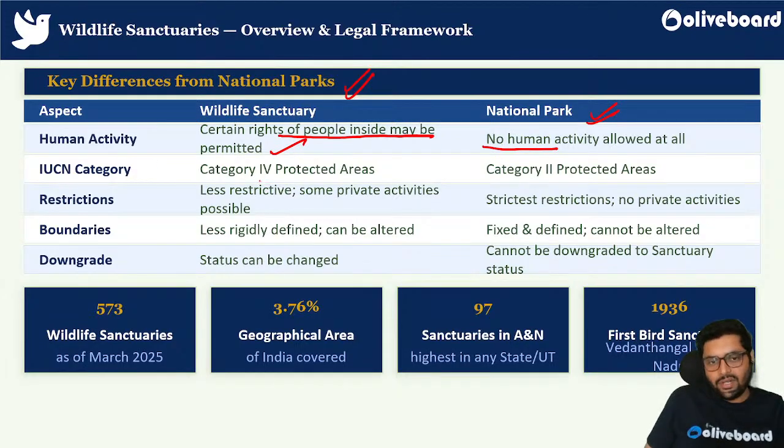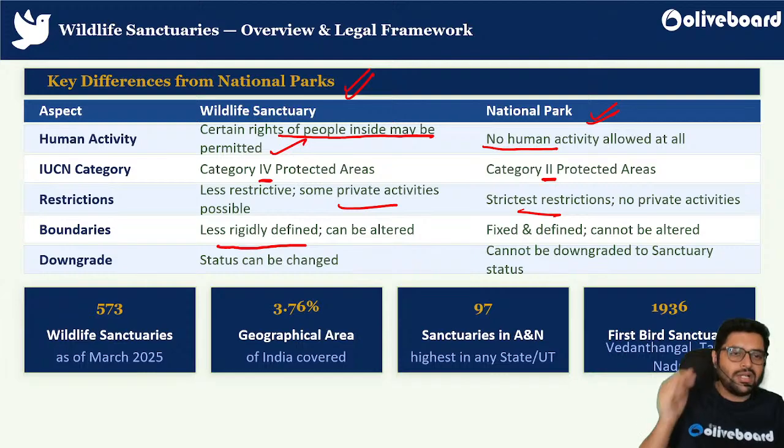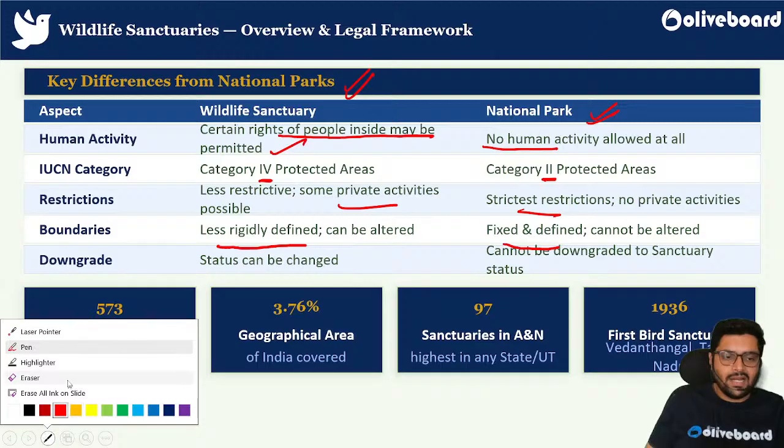Category status, I already told you, it is 4 for sanctuary and 2 for national park. There are fewer restrictions in a wildlife sanctuary, but in a national park there are huge restrictions. The boundary of a wildlife sanctuary is less rigid. It can be altered, but a national park is completely fixed and defined.